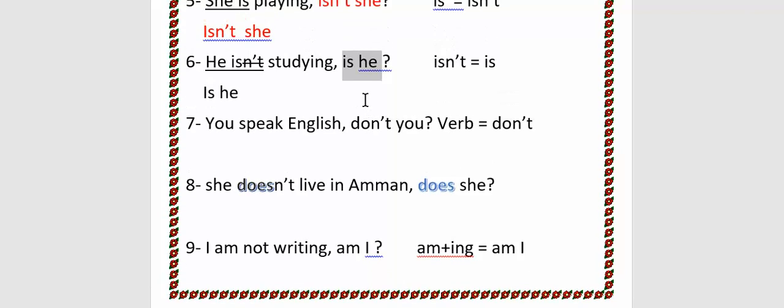Okay, now if you have a verb, how can we change the verb? Look here, you is the subject, speak is a verb. When speak is a verb, it takes don't. If here we have a negative verb, we change it to don't.